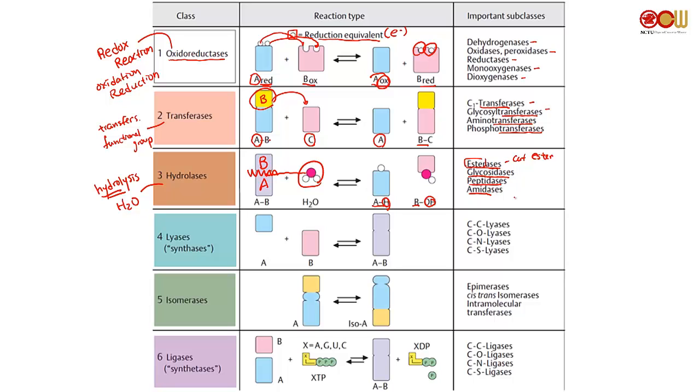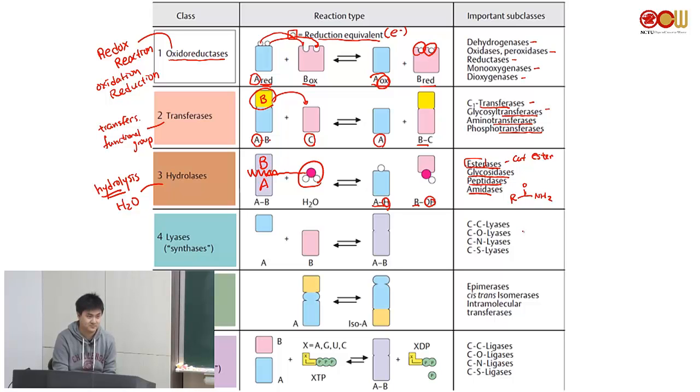But sometimes you're going to have a molecule that has an amide at the end. For example, glutamine has an amide. So what amidase will do is it's going to take water, hydrolyze it, and you get acid plus NH3.